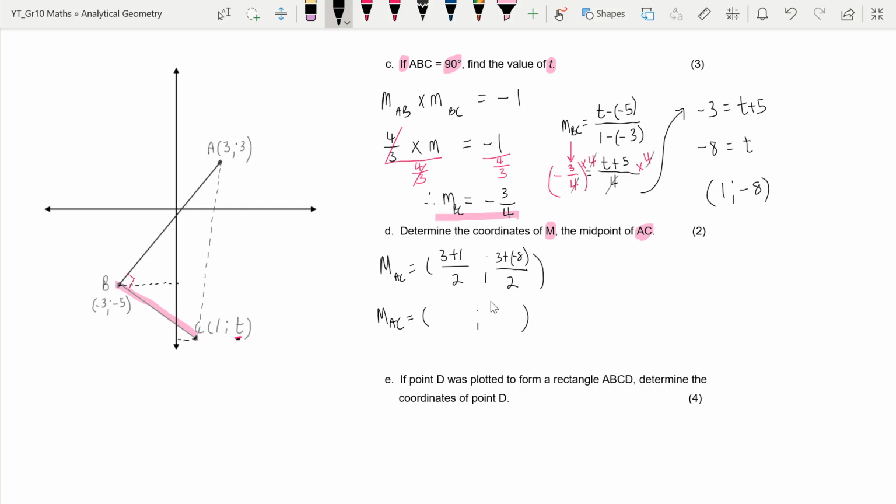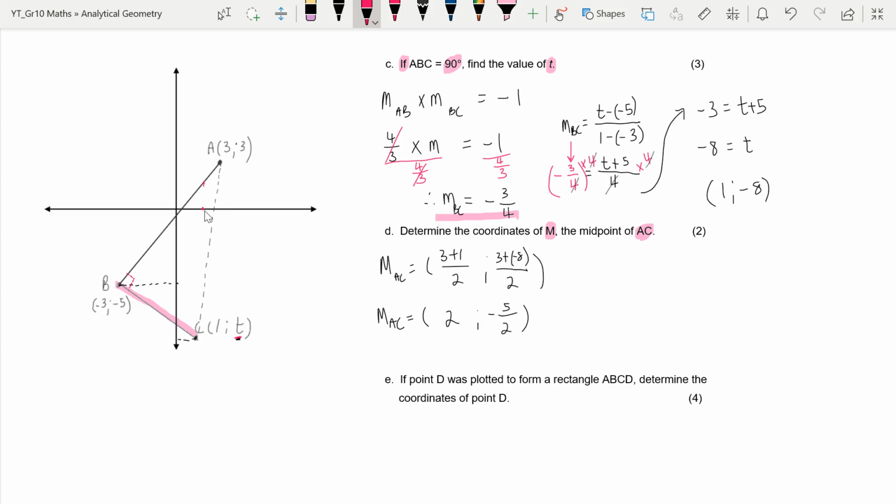So that will be equal to 4 over 2, which would be equal to 2. And then that will become 3, take away 8, which would be negative 5 over 2. And there is our midpoint AC. So in the middle between A and C, it is where X is 2, which should be somewhere over there.